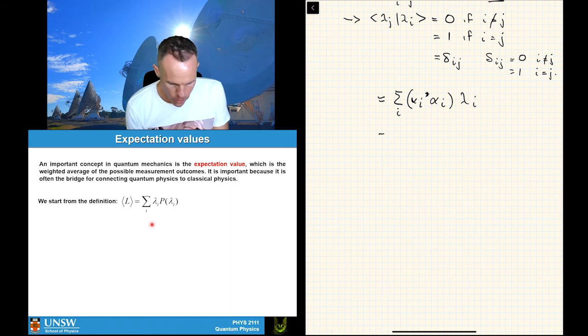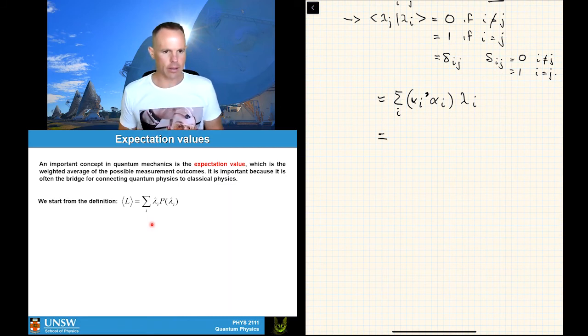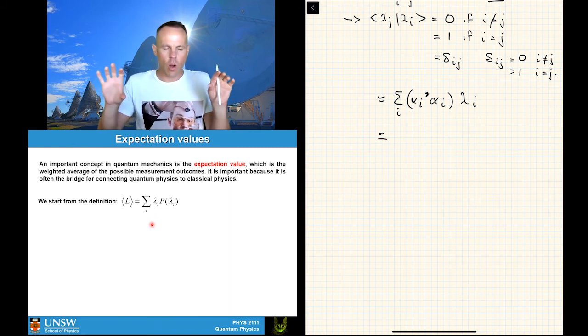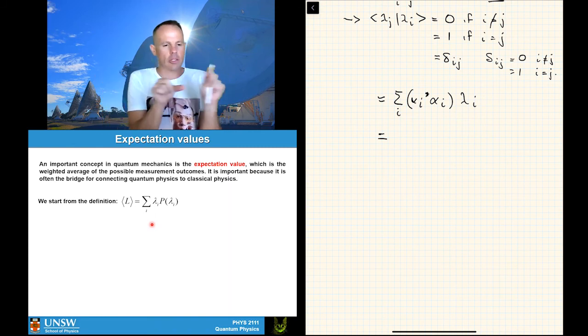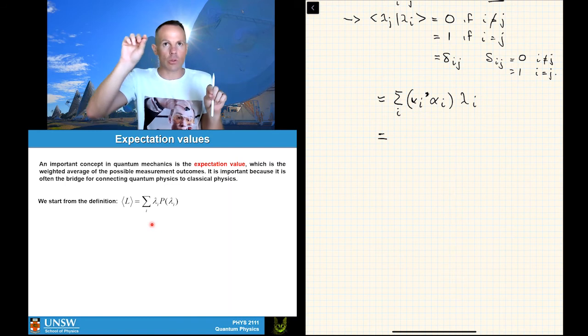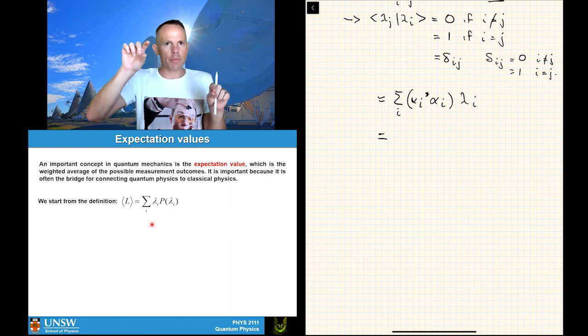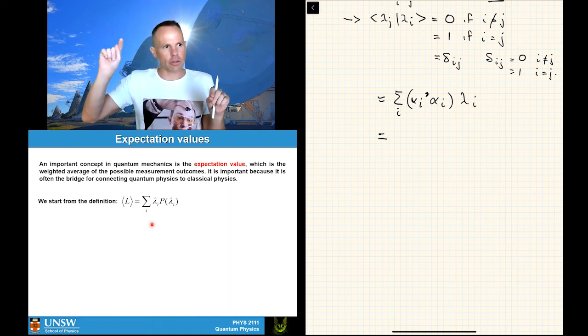So then the next step in here is that we know from earlier lectures that this product of alpha I conjugate times alpha I is just the probability of getting that state. So if you remember back to the last lecture where we had the general state chi is equal to alpha up |up> plus alpha down |down>, the probability of getting up was alpha up conjugate times alpha up, and the probability of getting down was alpha down conjugate alpha down.